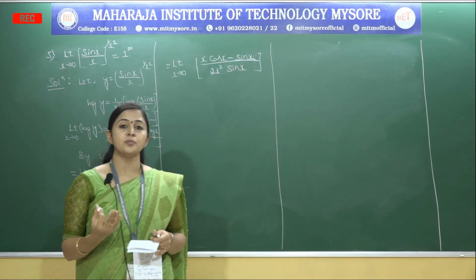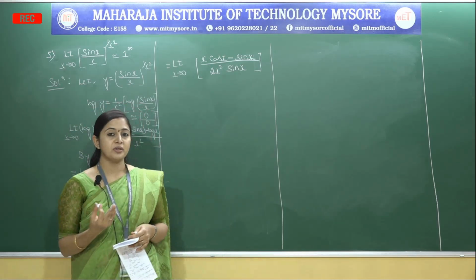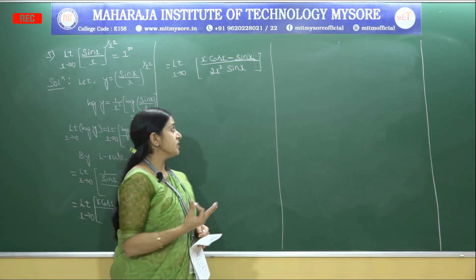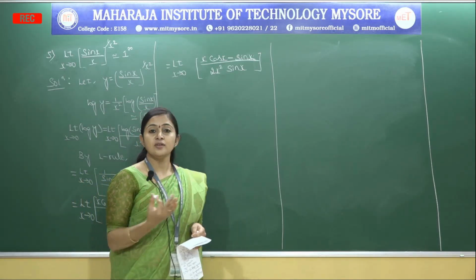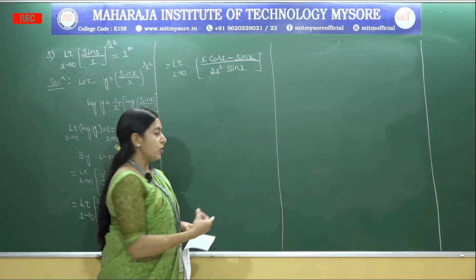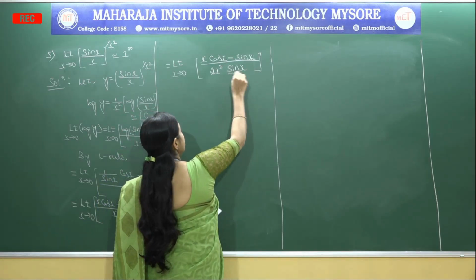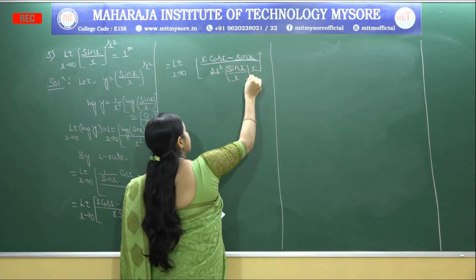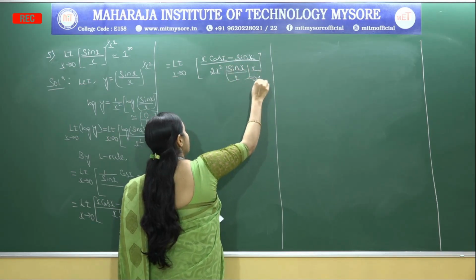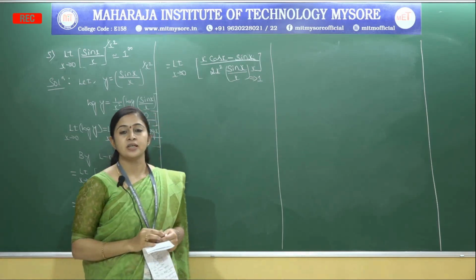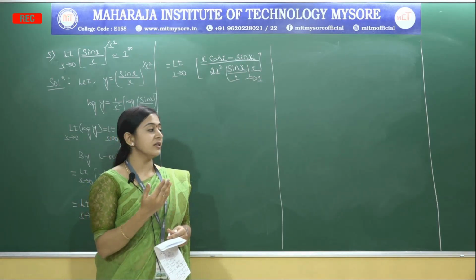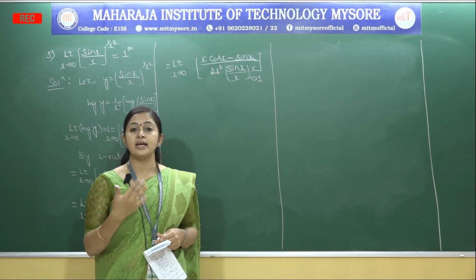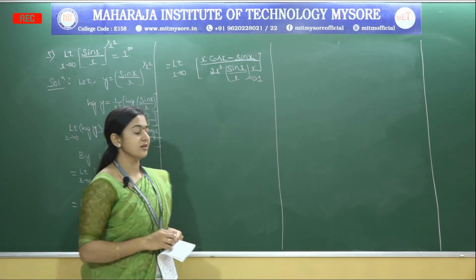In the denominator you have the product of a polynomial and a trigonometric term, and you have sin x. Since x tends to 0, you can apply the property in the denominator. Since you have sin x, multiply and divide by x, then this term tends to 1 using the property. Then simplify that, and it tends to another indeterminate form. Again apply the L'Hospital rule, and you will get the answer.